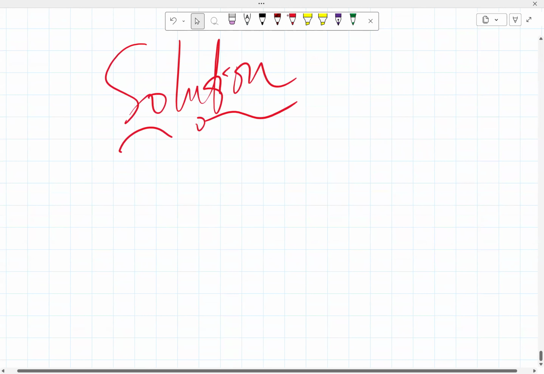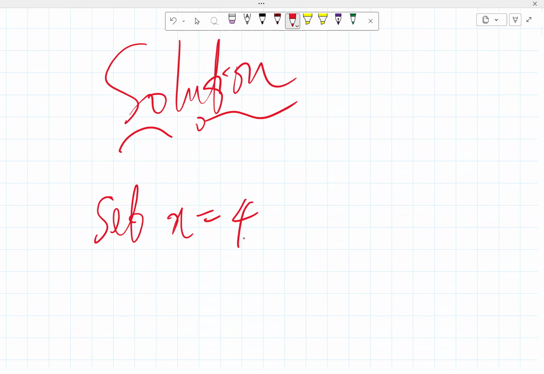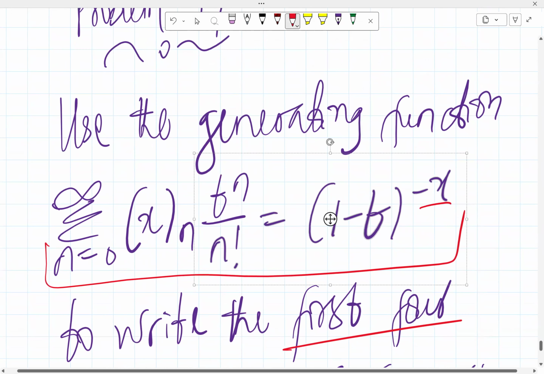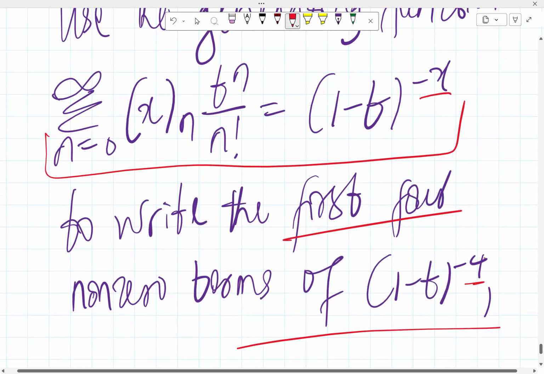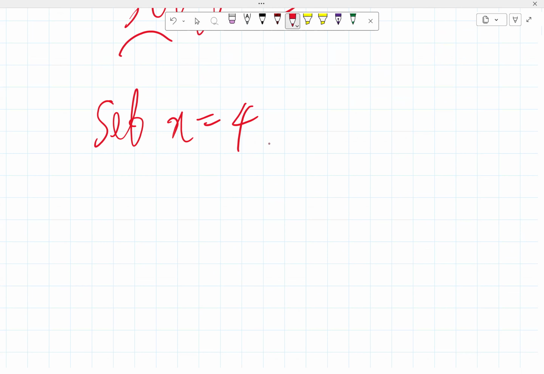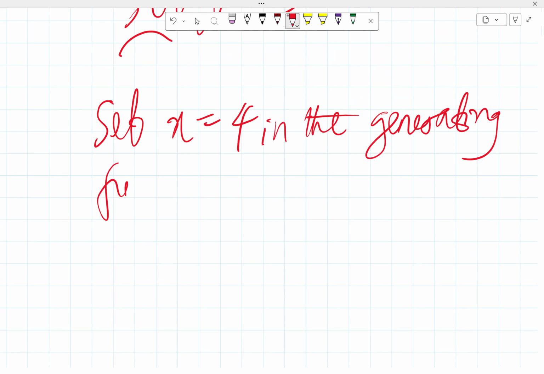So we set x equals 4, right? Because this is a general expression, but then we are talking about minus 4 here. So x is equal to 4 automatically. We set x equals 4 in the generating function.